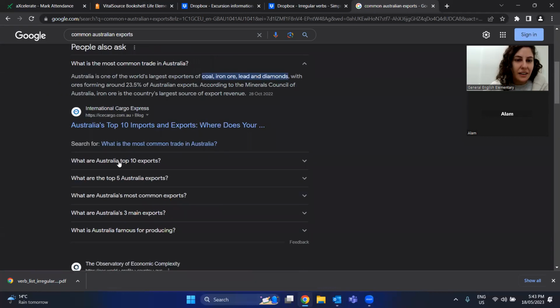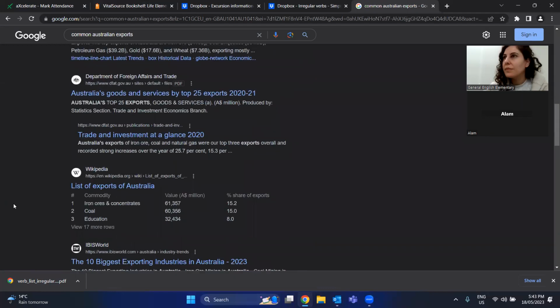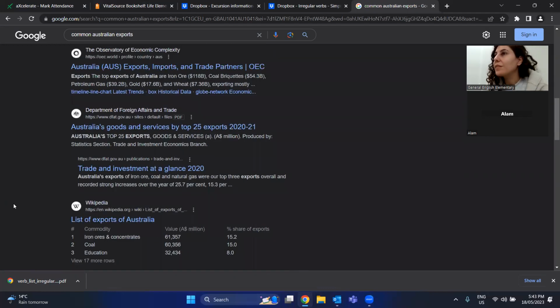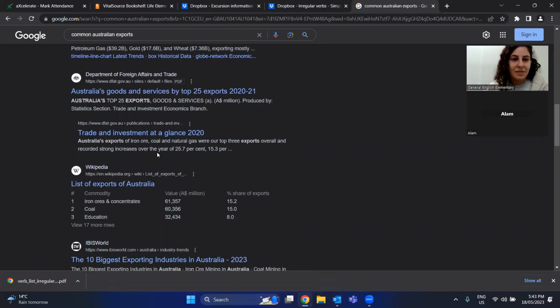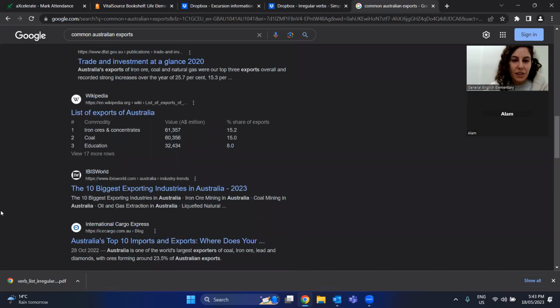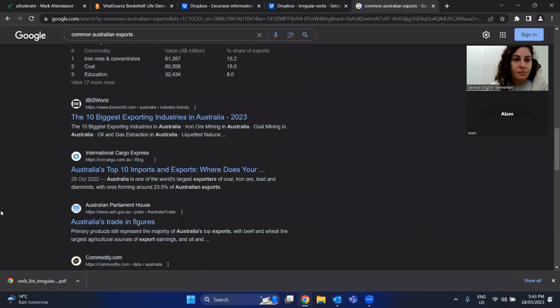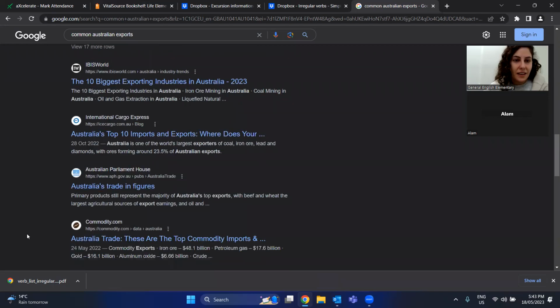In terms of sugar, minerals, salt, natural coal, natural gas, oil and gas.